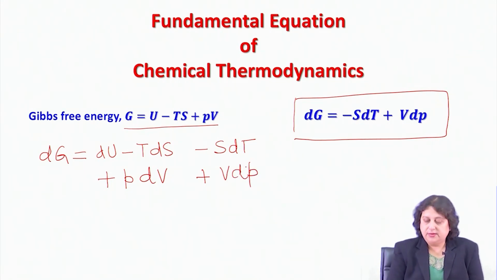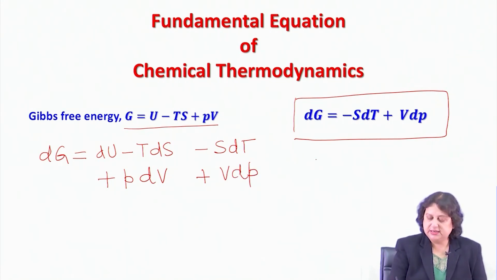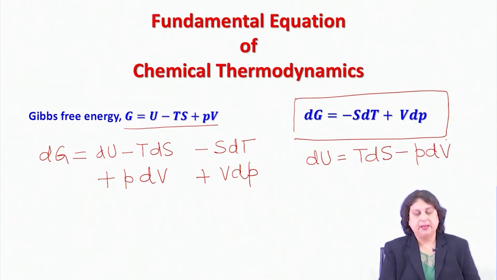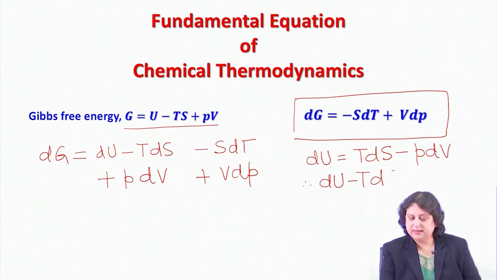Now for a reversible change in state, the combination of the first law and the second law of thermodynamics tells me dU = TdS - PdV, and therefore I can write dU - TdS + PdV must be equal to 0.